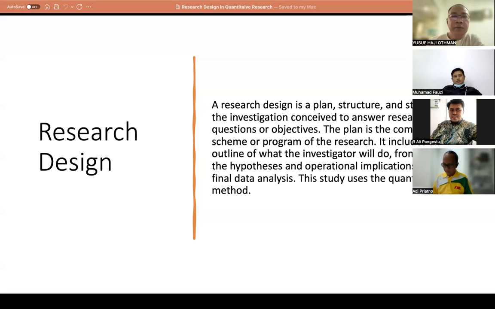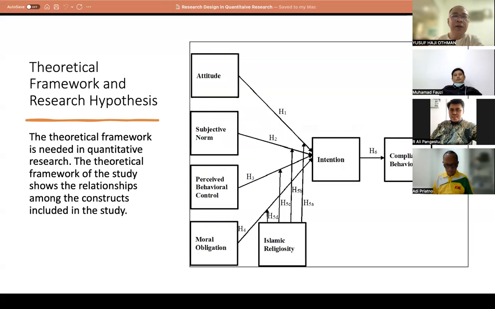So this is an example of the theoretical framework. In this study, there are 7 constructs. This is just an example. You have your own framework.